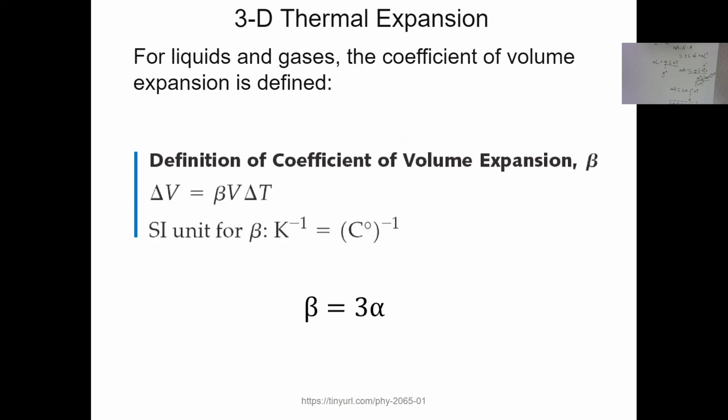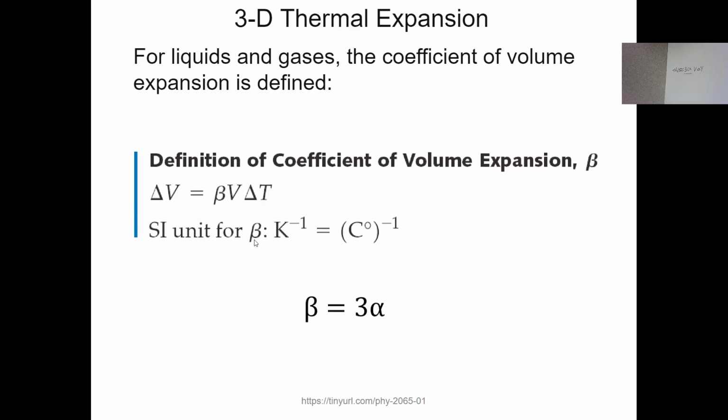So for three-dimensional expansion, delta V is approximately equal to 3 times alpha times original V times delta T. So if we give 3 times alpha a name, we call it beta. So beta is equal to 3 times alpha. Then we get the change in volume equal to beta times original volume times delta T, the change in temperature, where beta is equal to 3 times alpha.